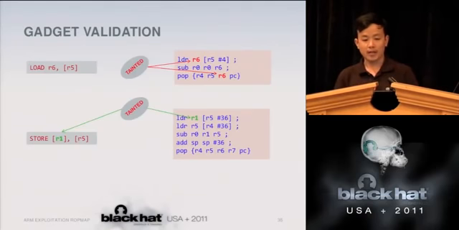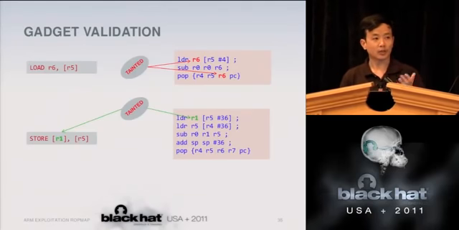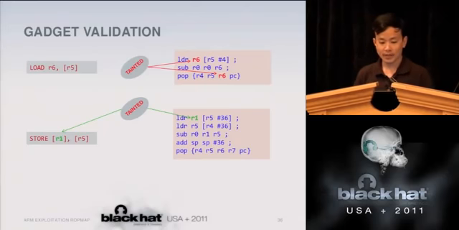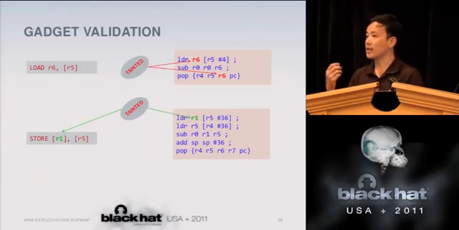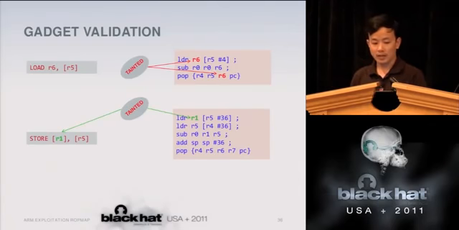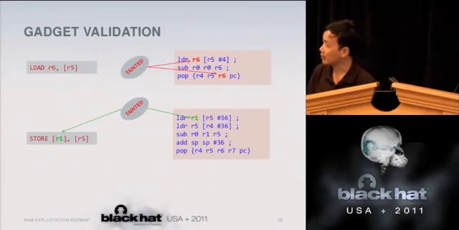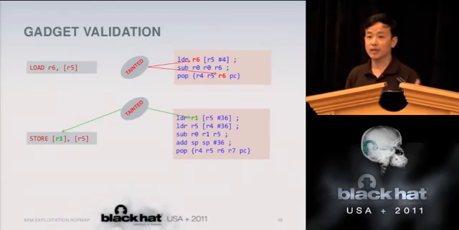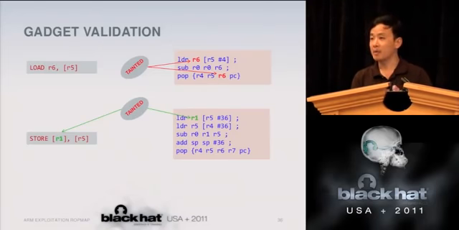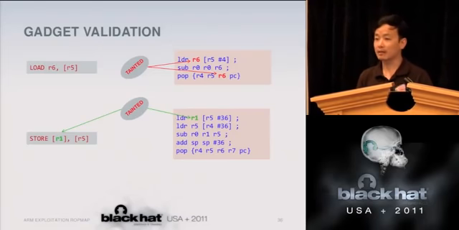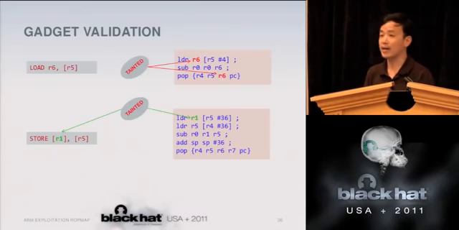We also apply some instruction validation. For example, for operand matching, it's obvious. In the first instruction, the ROP instruction is load R6, so in our gadget chain it must be an instruction that loads R6, like LDR R6.